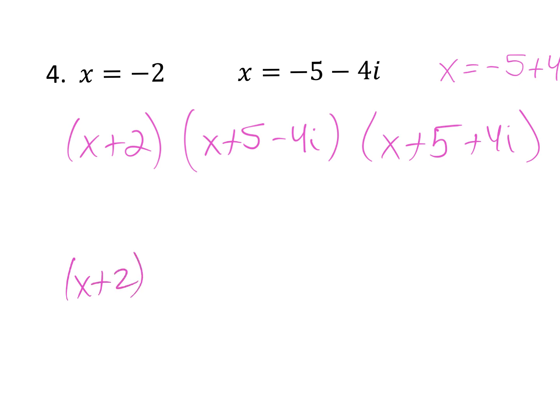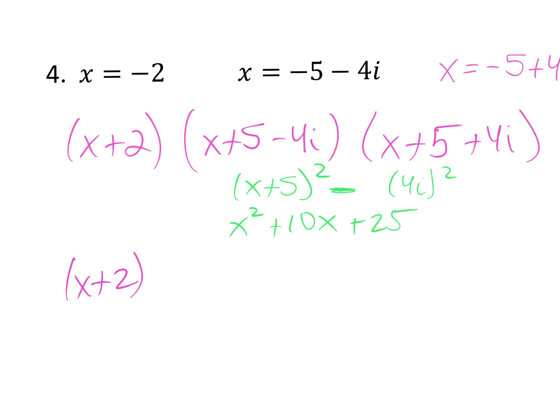So keep your x plus 2 hanging out over here. Let's do our shortcut. x plus 5 quantity squared, minus 4i quantity squared. A minus sign goes in the middle there. So when I FOIL, I have x times x is x squared. 5x plus 5x is going to give me 10x. 5 times 5 is going to give me 25, right?